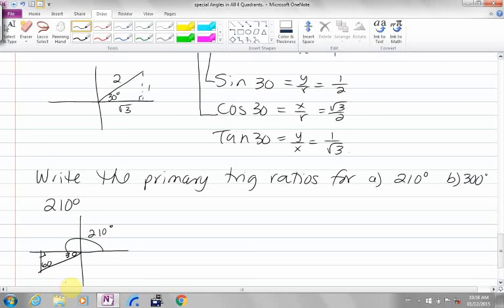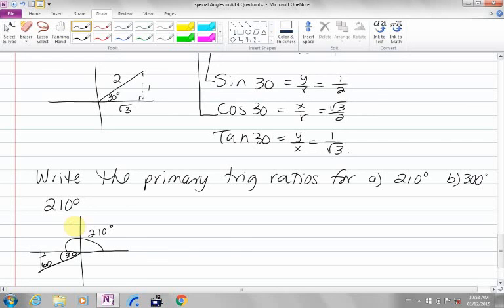Which line do you connect it with, the x-axis or the y-axis? Okay, all angles are measured from the x-axis. So all triangles would be drawn to the x-axis because the reference angle is here. So the triangle has to be connected to where the reference angle is. The reference angle is on the x-axis, so the triangle will connect back up to the x-axis.